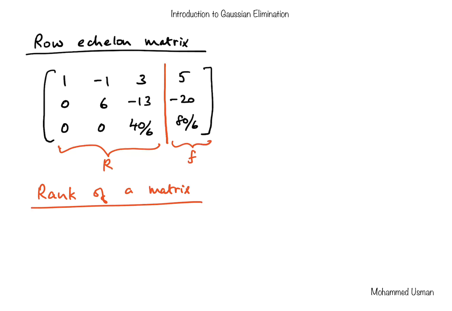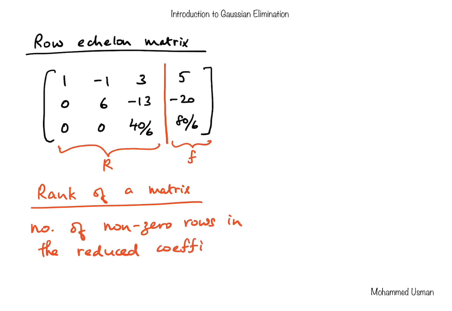So in this case, the rank of the matrix is the number of non-zero rows in the reduced coefficient matrix.